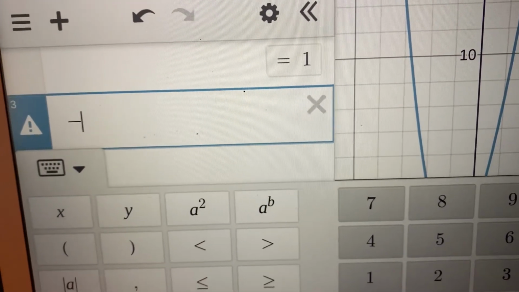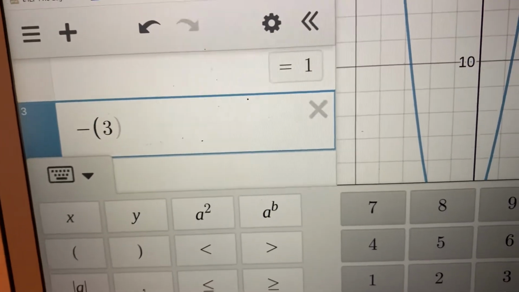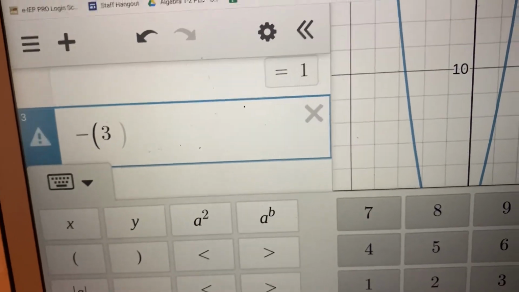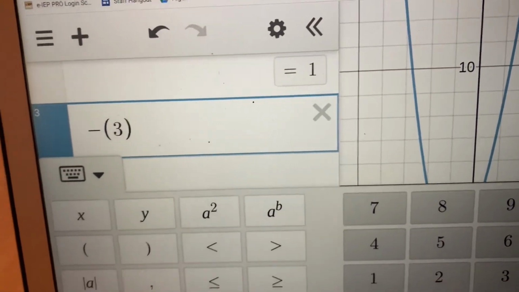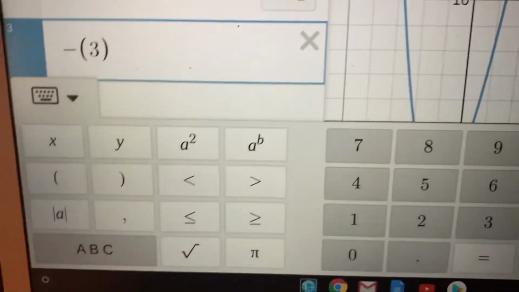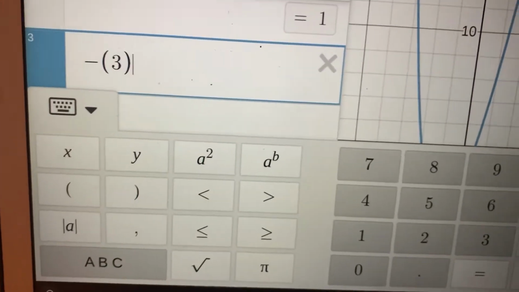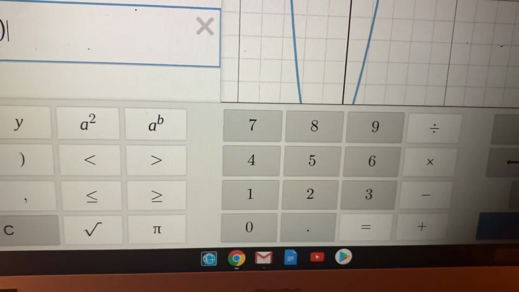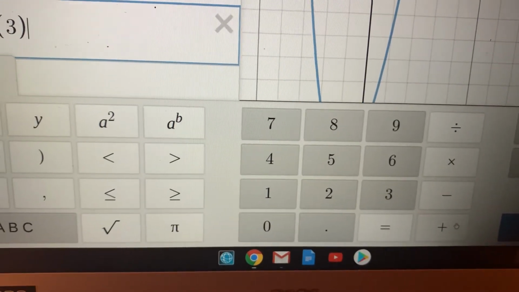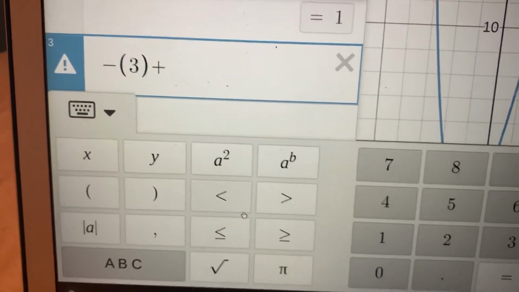And we have plus or minus. However, we're not able to do that on Desmos. So I just start with a plus sign first. So it'll just be negative 3 plus.